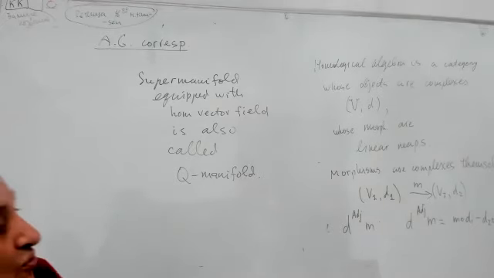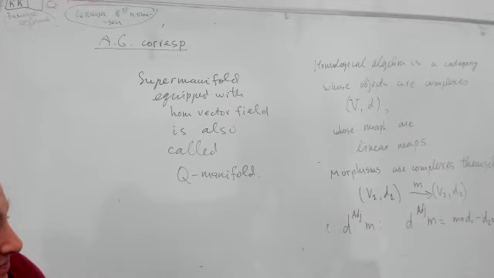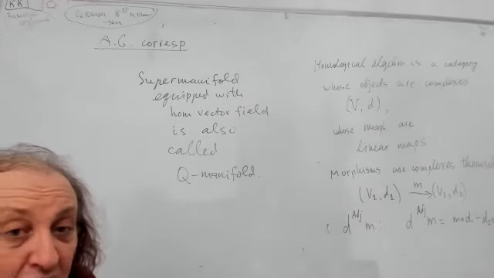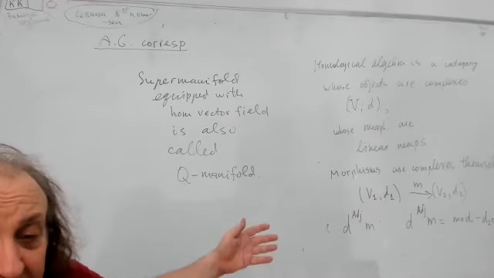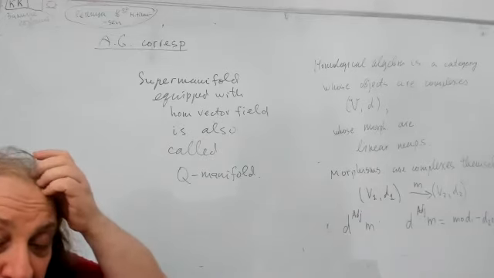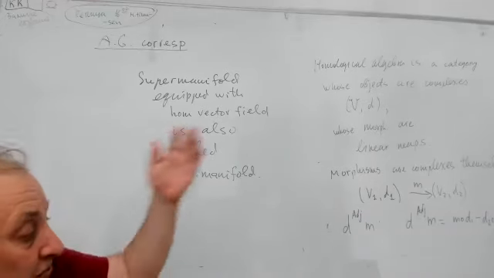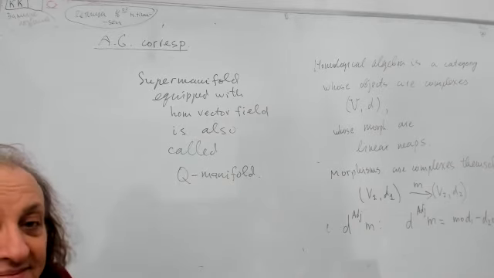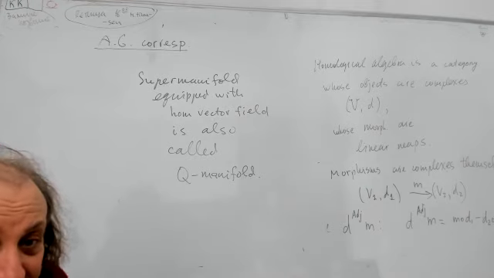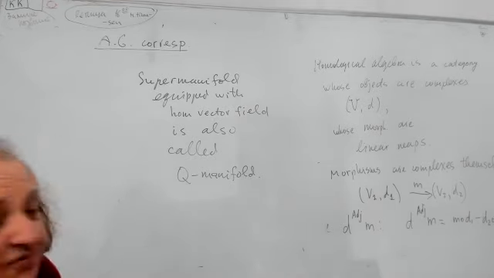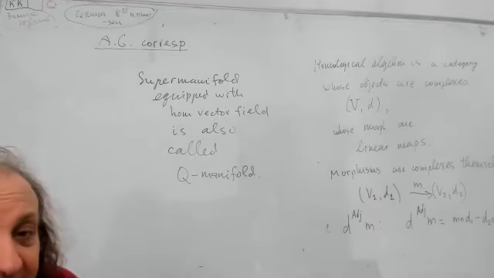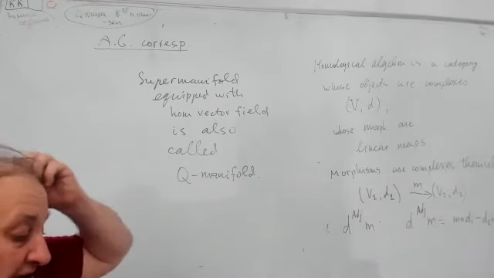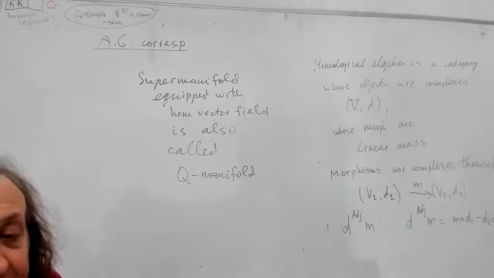So I told you before that the Russian school missed homological vector field. The French school missed supermanifold structure. Putting things together gives you modern knowledge. Modern knowledge is the notion of Q manifold.